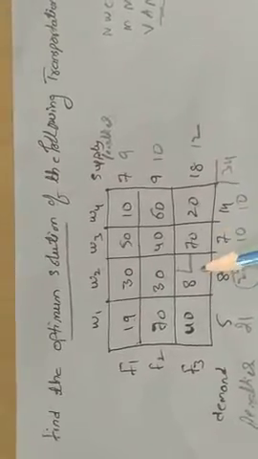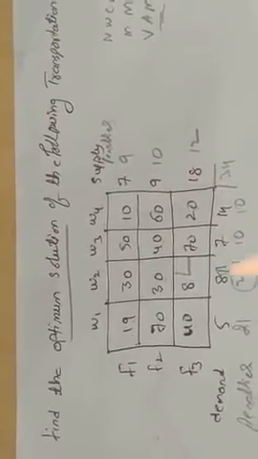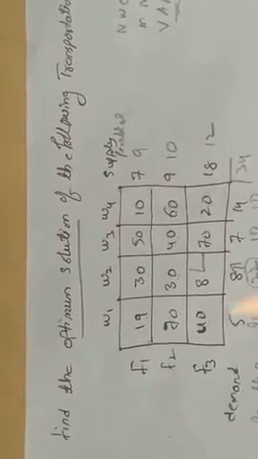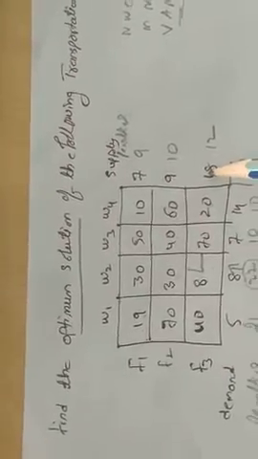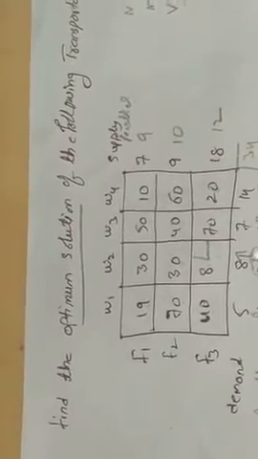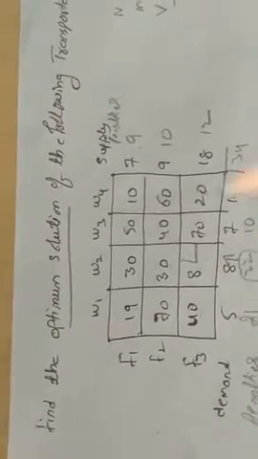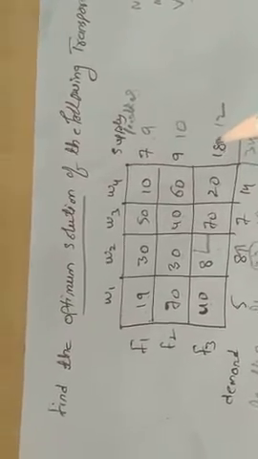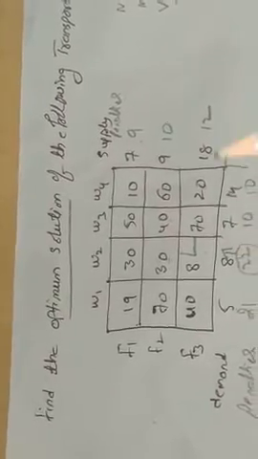Next we have to observe the demand side as well as the supply side. The demand side is 8 and the supply side is 18. Observing both, 18 and 8, which is the minimum? 8.